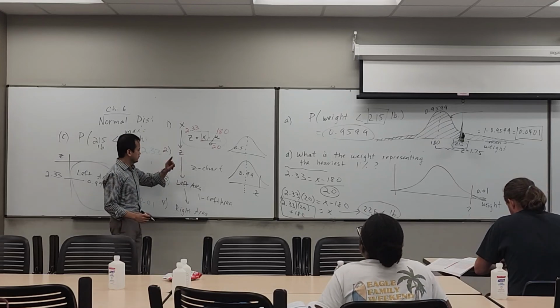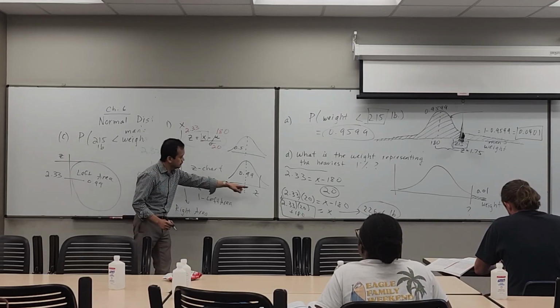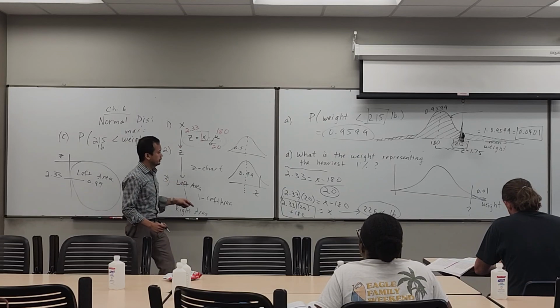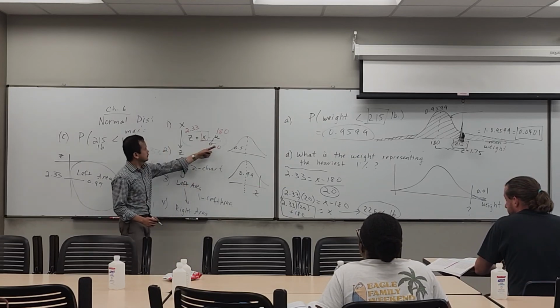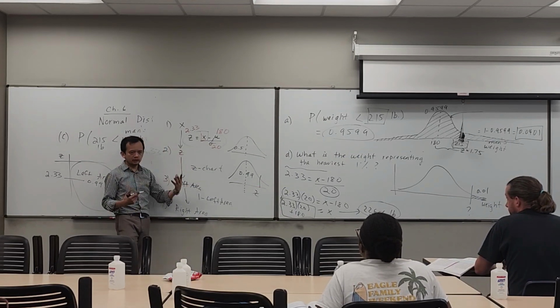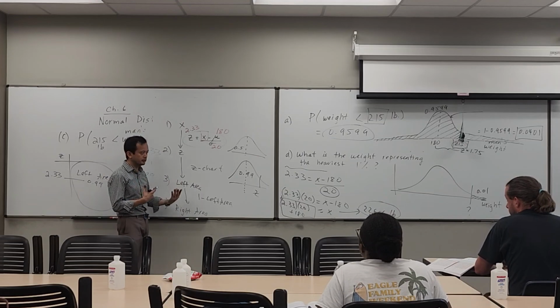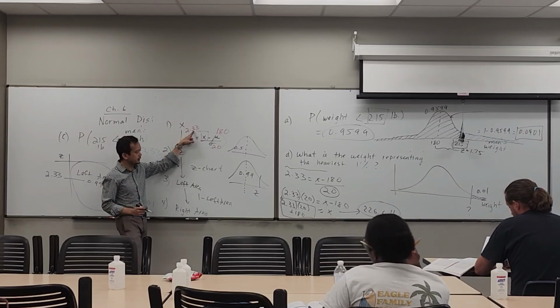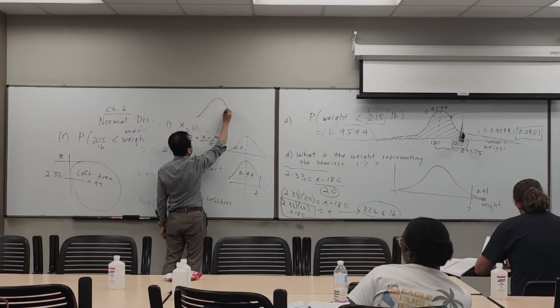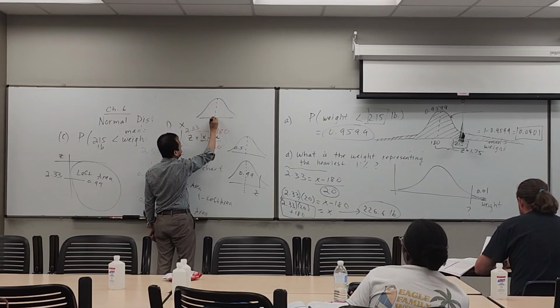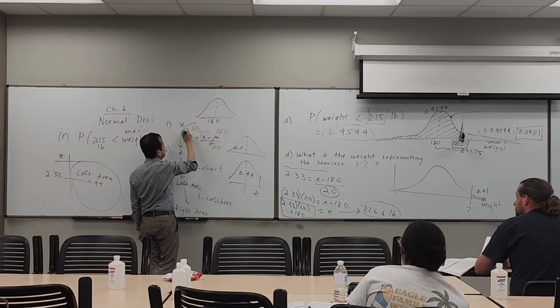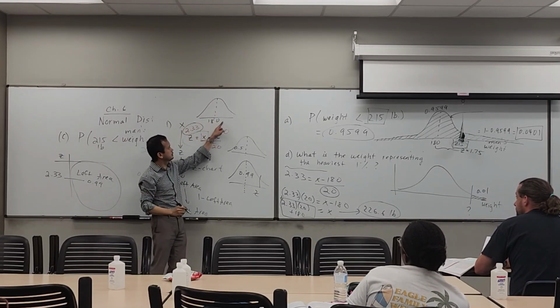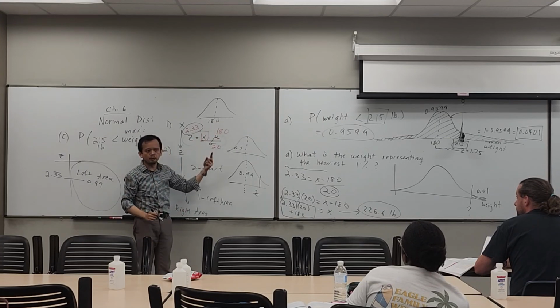I know we're just out of time, but real quick, one way we could have done it is to use this formula. Another way is to just understand what it means to be a z-score. We're saying that the data point we want is 2.33 standard deviations away from the mean. If the mean is at 180, we need to move 2.33 standard deviations to the right of the mean to get the data point we want.